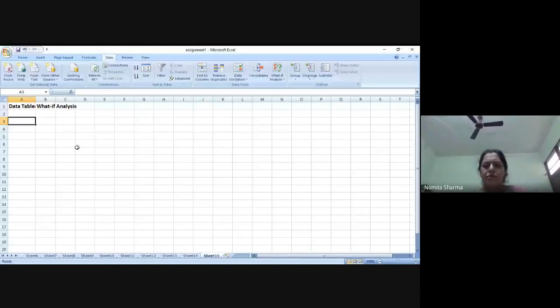So today we start with another concept in data table, which is very important, especially considering the more than one input that we can take in the what-if analysis. In Goal Seek, I remember we could only work with one variable, but in the data table, it will allow us to work with two variable inputs that we can change to have the desired output.